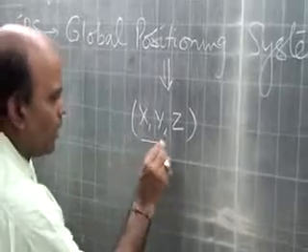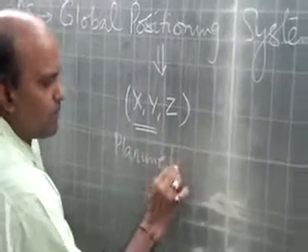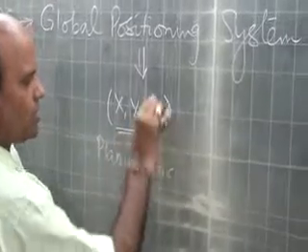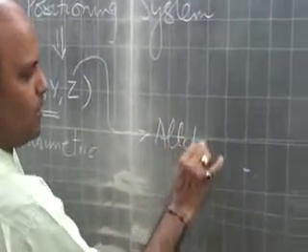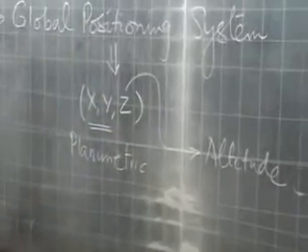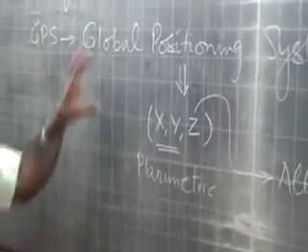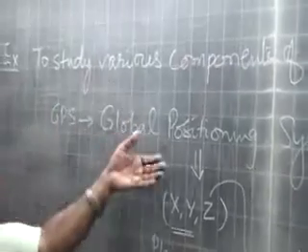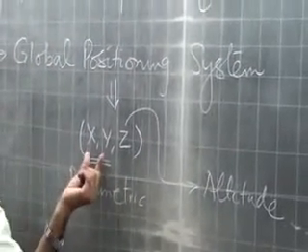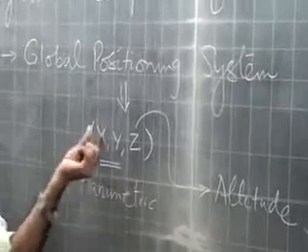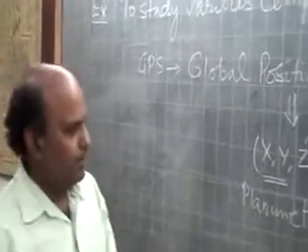X and y are called planimetric position coordinates, and z defines the altitude, the height of that point with reference to a certain datum. So anywhere on the globe this instrument gives you position, and in surveying what we need is x, y and z so that we can prepare the map of the whole area.